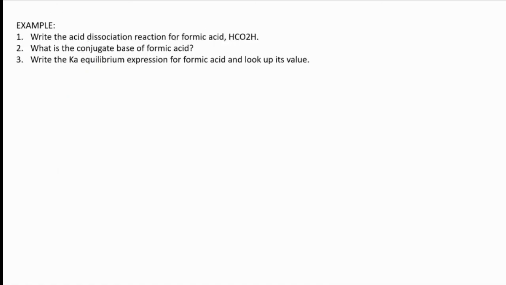For example, write the dissociation reaction of formic acid, HCO2H. When it dissociates, what are the products? H plus and the formate ion.